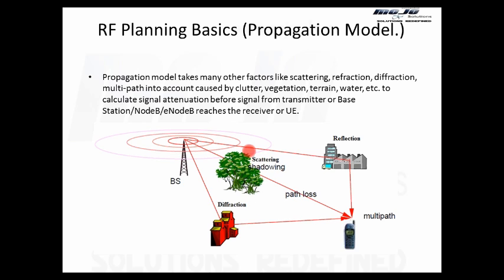And also there is a reflection. So all these phenomena are called propagation. In general, all these phenomena through which a signal is received from a transmitter or base station to the UE are called propagation. And all the different paths it receives are called multipath.